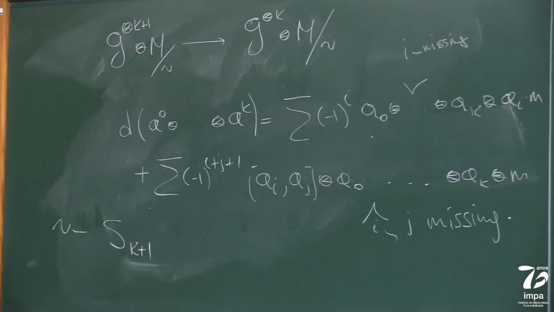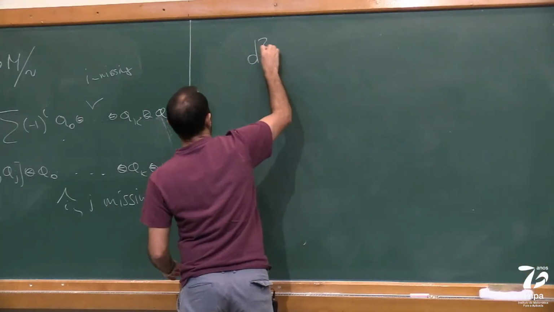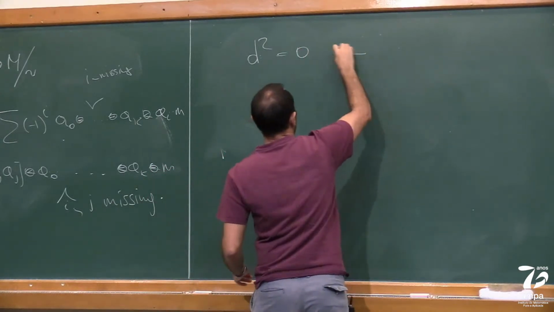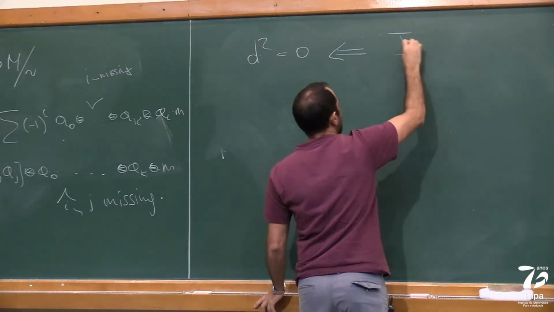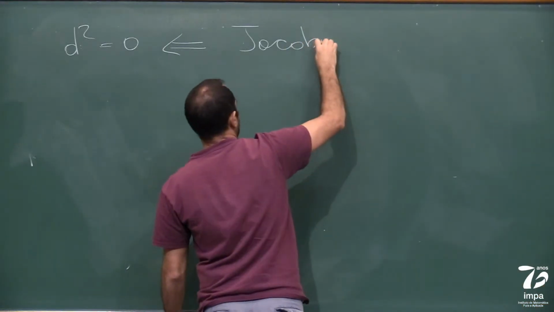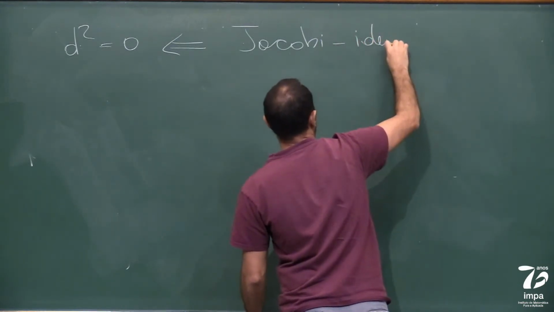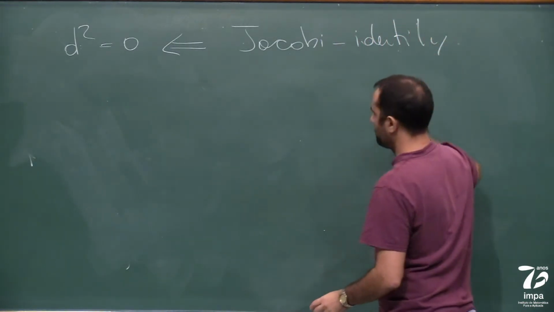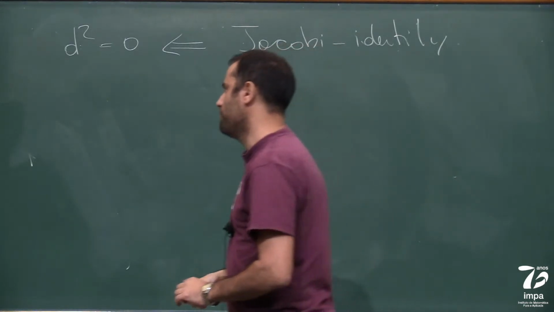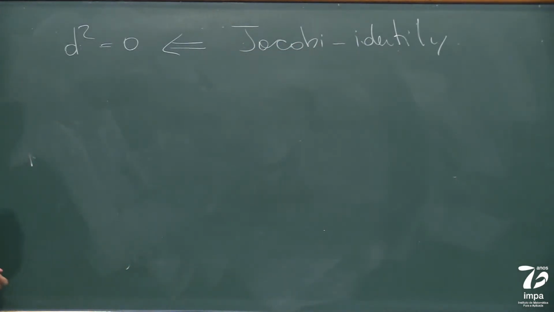But the important thing to check today is that you write that differential at the level of the tensor products, and you check that d squares to 0, which is implied by the Jacobi identity.